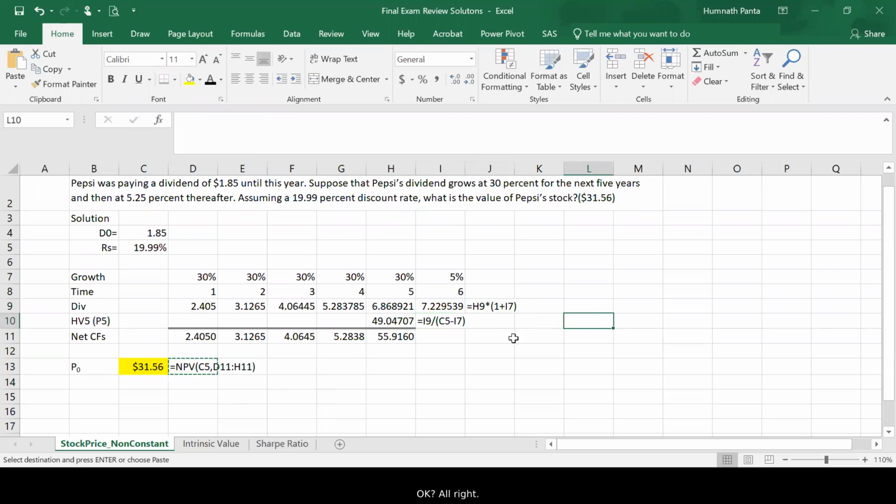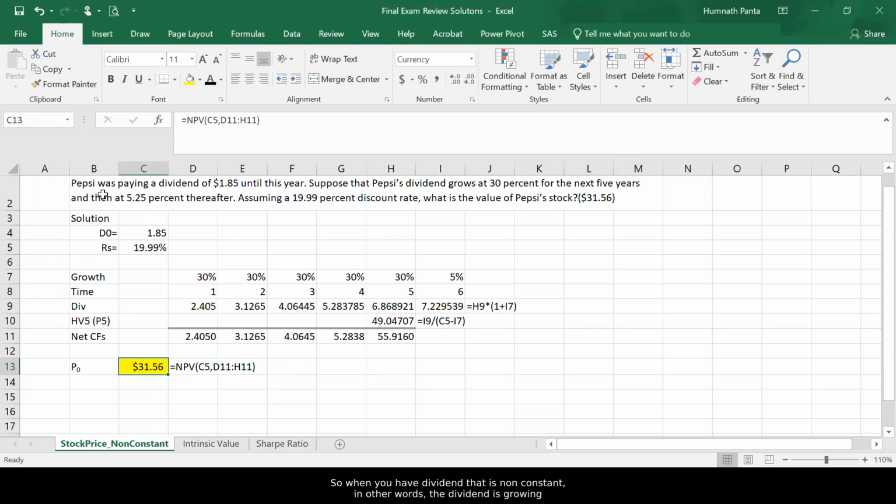All right, so these are the formula text. I hope this video will help you to understand the calculation. All right, so this is the solution.